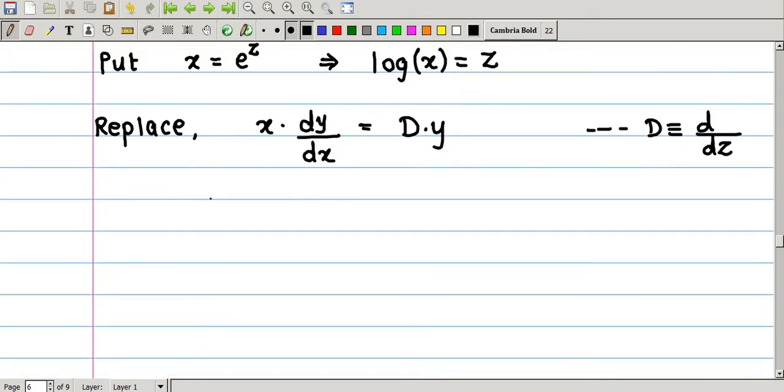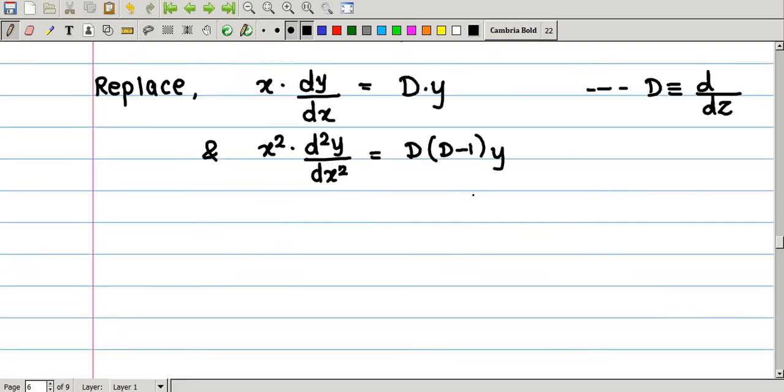Same is the case with the second derivative term, x square into d square y upon dx square, which will be replaced by D into D minus 1 y.